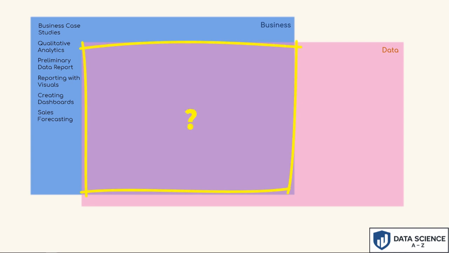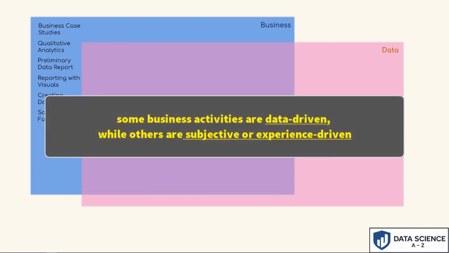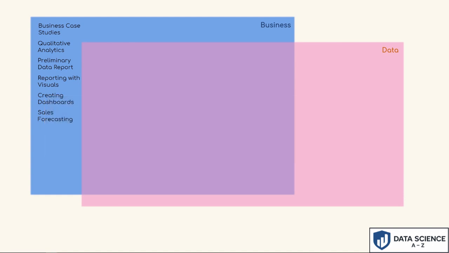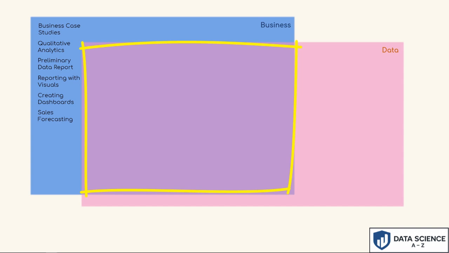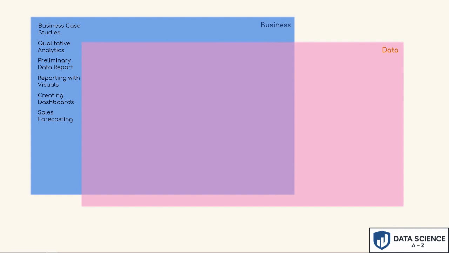The answer is some. That's because some business activities are data-driven, while others are subjective or experience-driven. Of course, there are disciplines that will overlap. We will place them in the common area of the two rectangles. So, let's see. Which of the subfields from our list represent a business activity involving data?